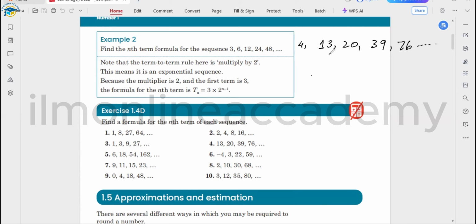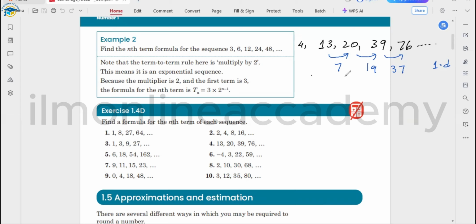Taking the first difference, 20 minus 13, it will be 7. Next, 39 minus 20, and it will be 19. Next, 76 minus 39, that is 37. This is your first difference.